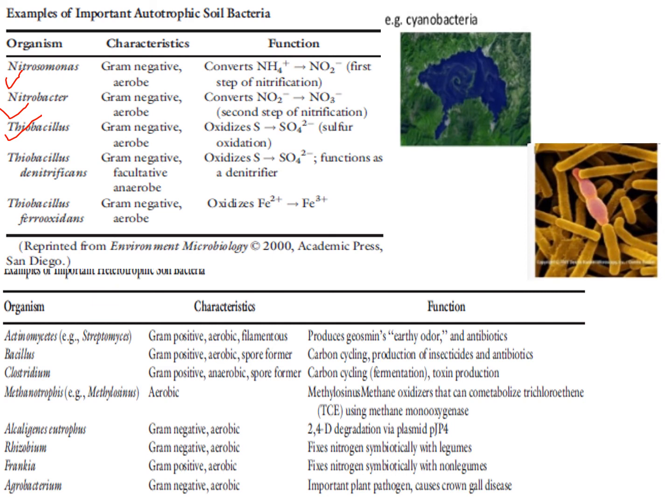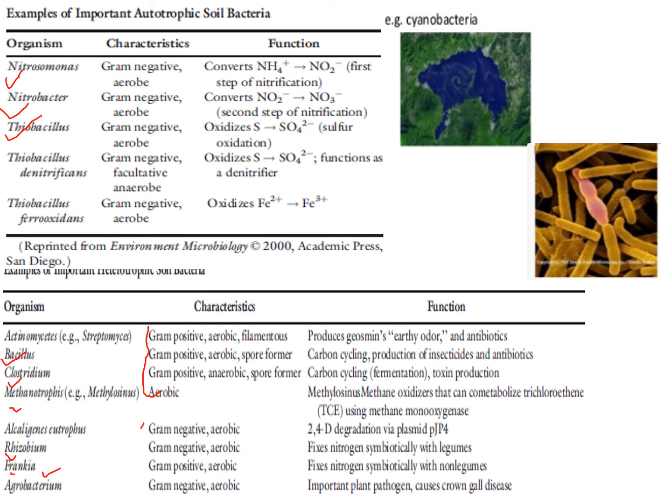There are some examples of heterotrophic soil bacteria also, like Actinomycetes, Bacillus, Clostridium, Methanotrophs, Rhizobium, Frankia, Agrobacterium, all these. Actinomycetes, Bacillus, Clostridium are gram-positive, aerobic as well as anaerobic bacteria, whereas Methanotrophs are aerobic bacteria.